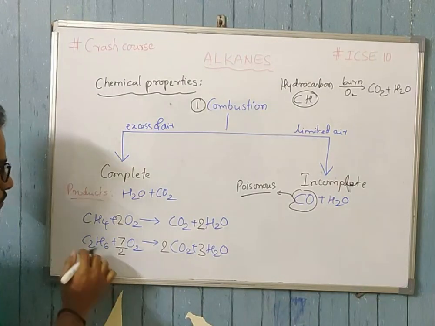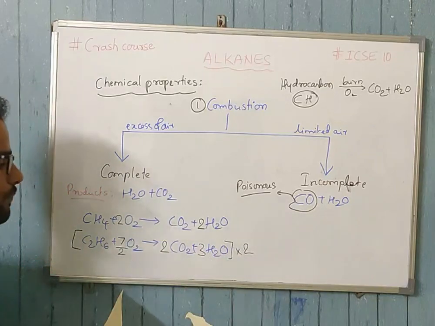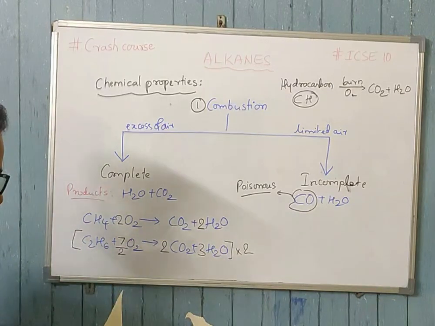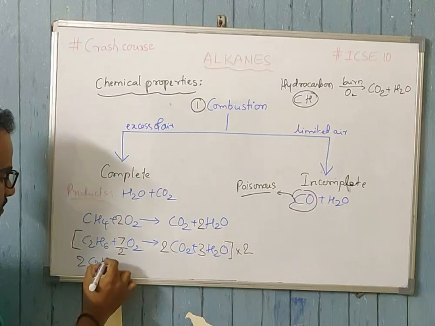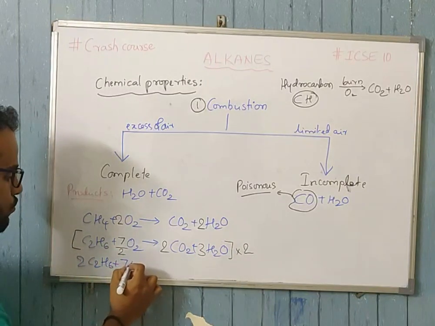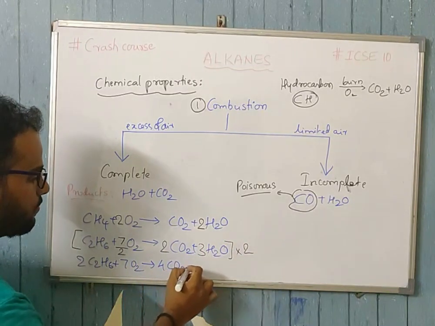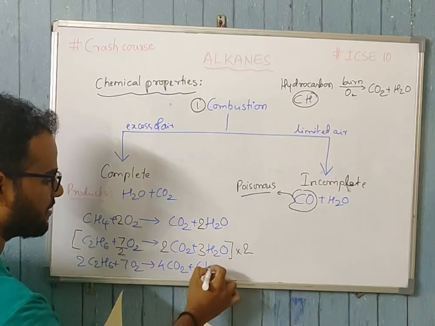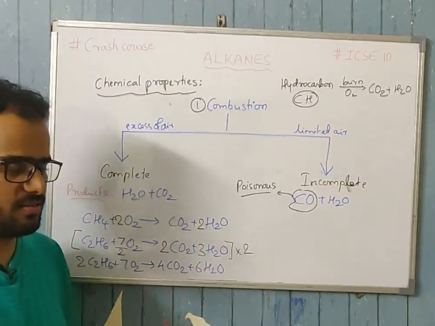To remove this 2, you multiply the whole equation by 2. Then you will get 2C2H6 plus 7O2 gives 4CO2 plus 6H2O. This is how you balance this.